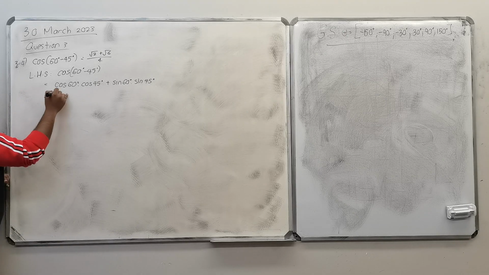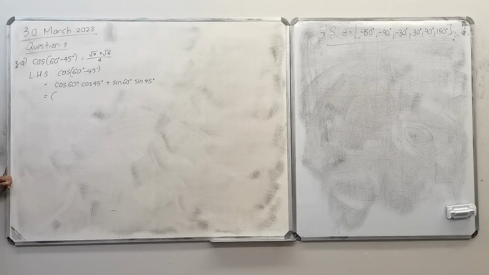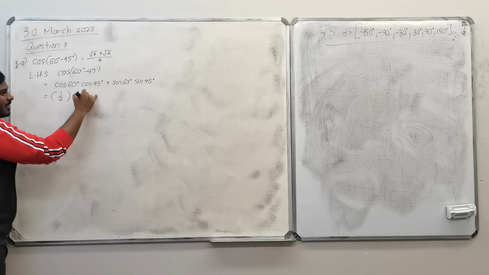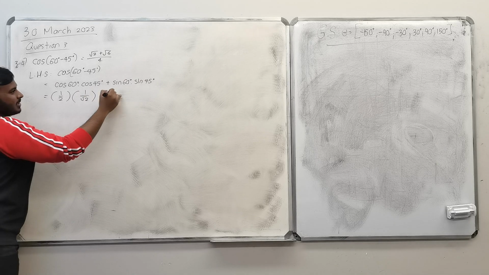Cos of 60 is, now you need to remember your special angles, 1 over 2, times cos 45 plus sin 60.